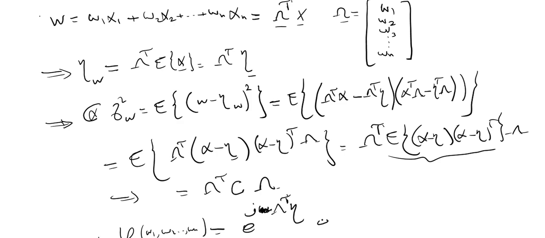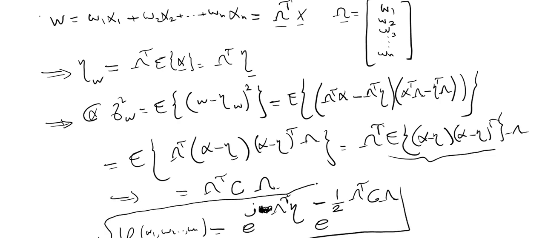Exponential of j omega transpose eta, exponential of minus 1 over 2 omega transpose C omega. And we find the characteristic function of a random normal vector.